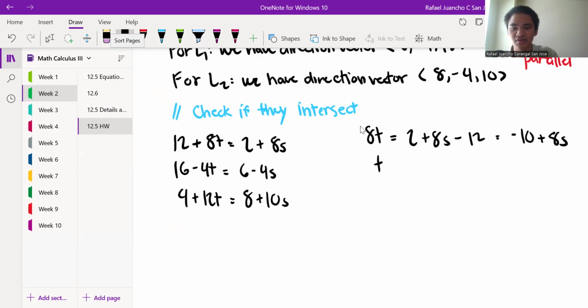Now I can divide by 8 to get t. I get -10 plus 8s over 8. And then I can actually simplify this thing. So I get 10 over 8, divide by 2, 5 over 4. So I get -5/4 plus s.